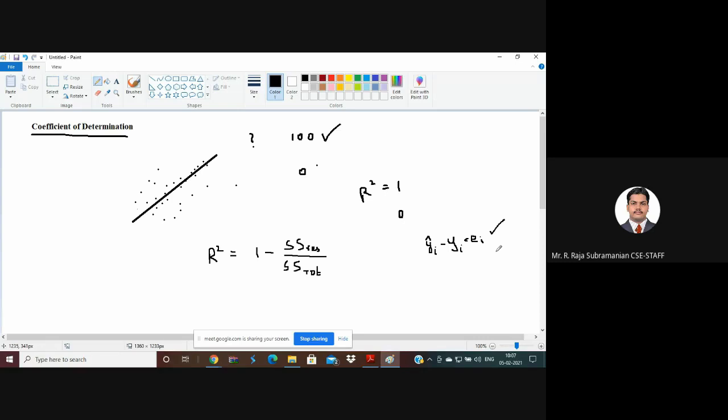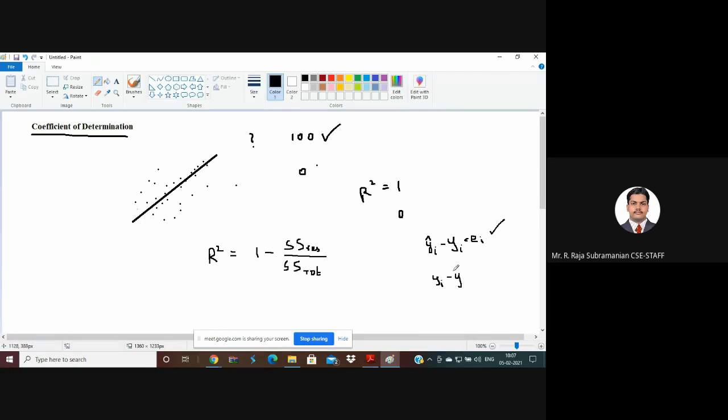Because when we plot the linear regression, hope you remember, we first assume that my regression line passes through the mean. By using that only, we calculate the b1 value itself, right? So we can also calculate how my data point differs from y cap.